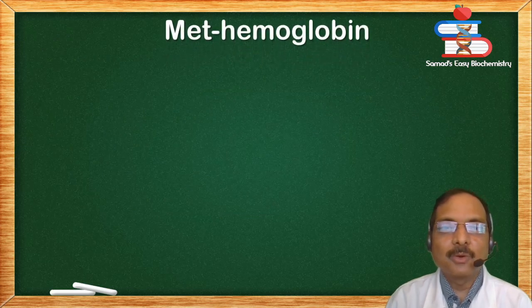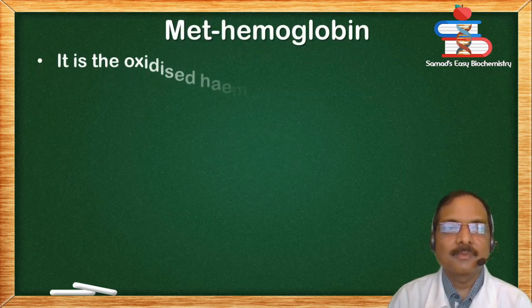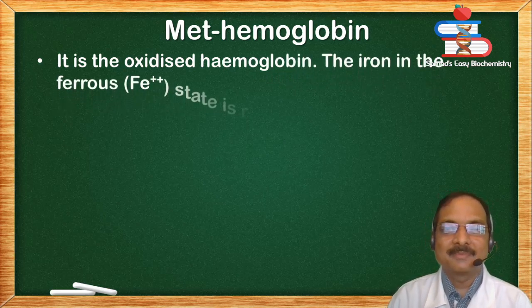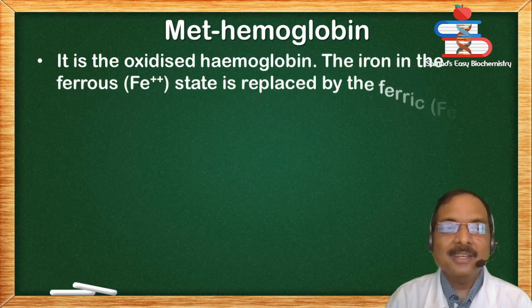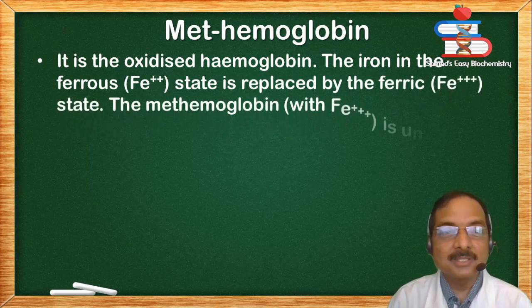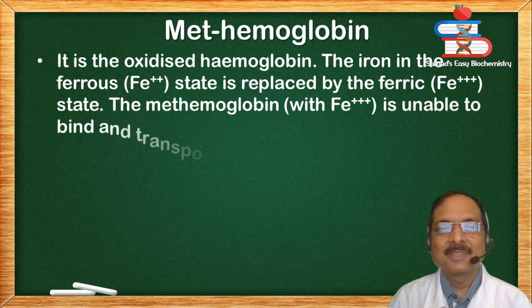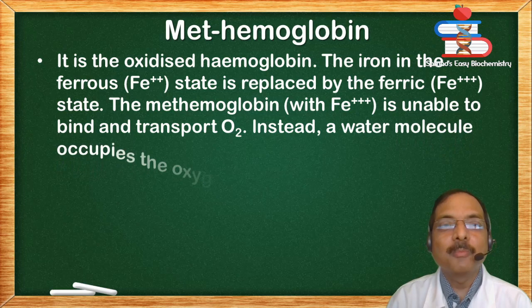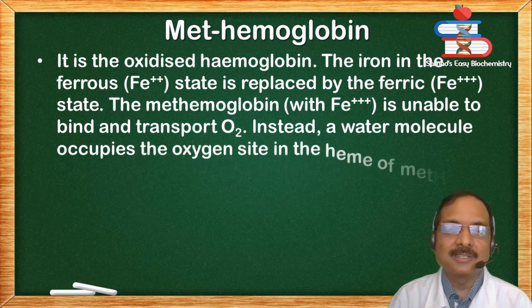First, Met-hemoglobin. It is the oxidized hemoglobin. The iron in the ferrous state is replaced by the ferric Fe3+ state. The methemoglobin with Fe3+ state is unable to bind and transport oxygen.